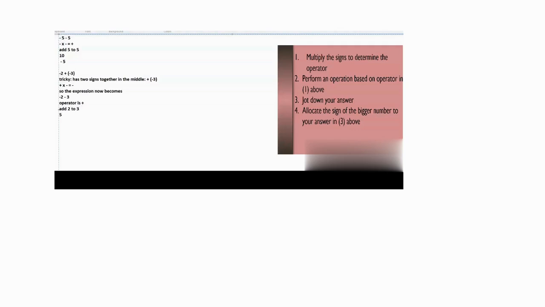We get a 5. Allocate the sign of the bigger number to your answer. The bigger number is 3 and it's negative, so we have a negative 5. All along, you need to be following the rules to your right for simplicity.